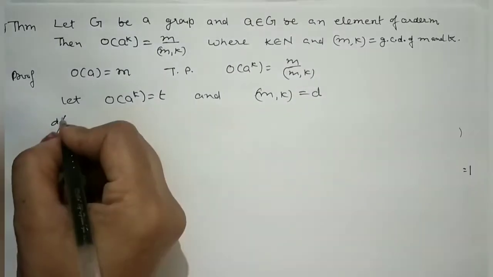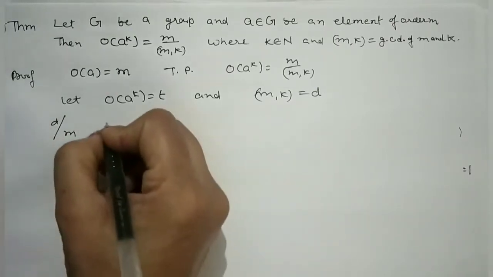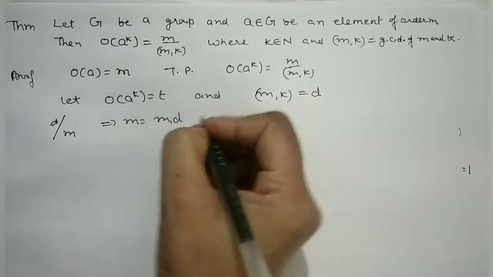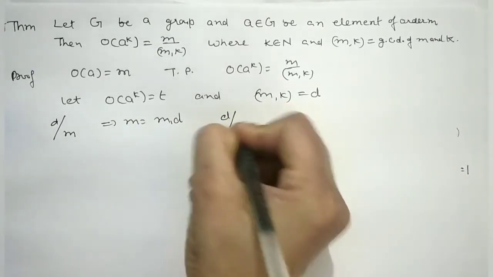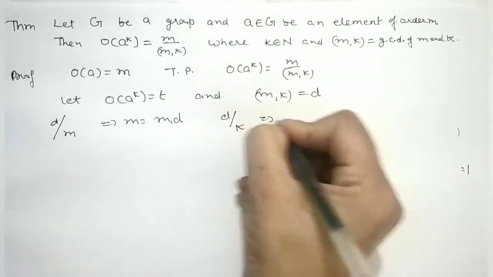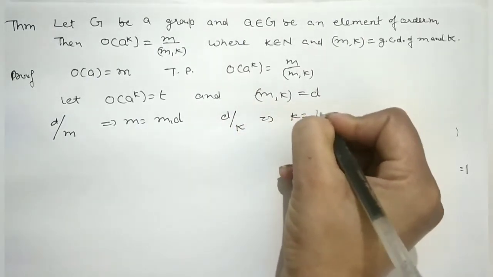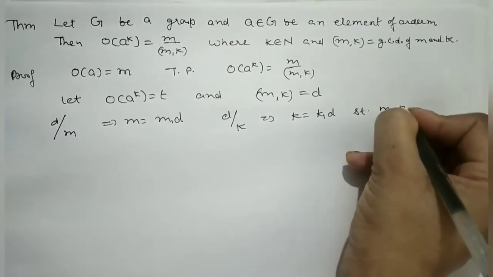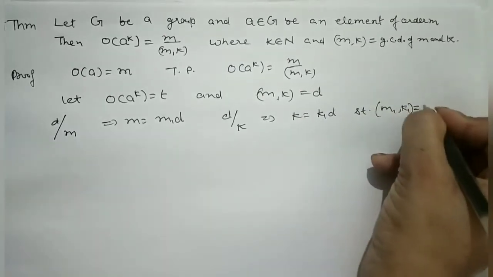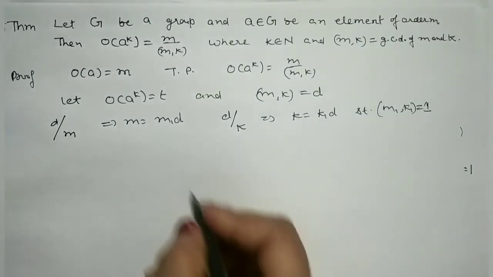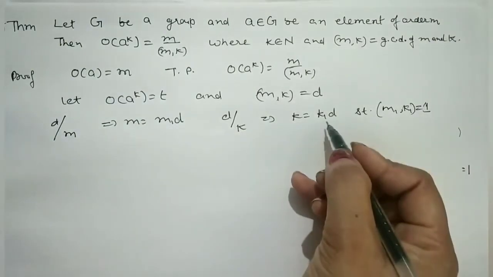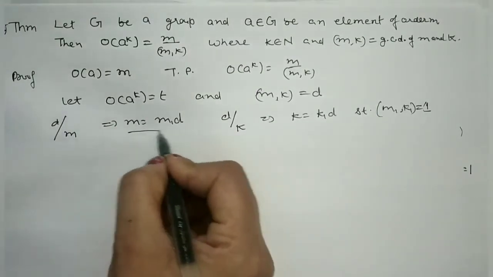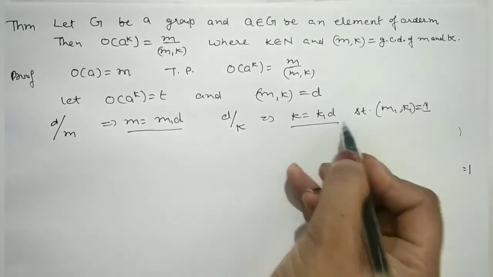D divides m means m can be written as some multiple of d, let m1 into d. And d divides the other number k, which means k can be written as a multiple of d, let k1 d, such that m1 and k1 have GCD 1. So we can find two integers m1 and k1 such that their GCD is 1, and m can be written in this way and k can be written in this way.